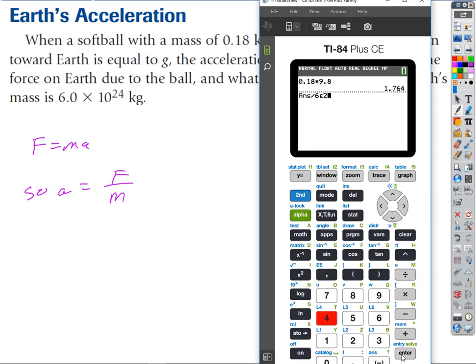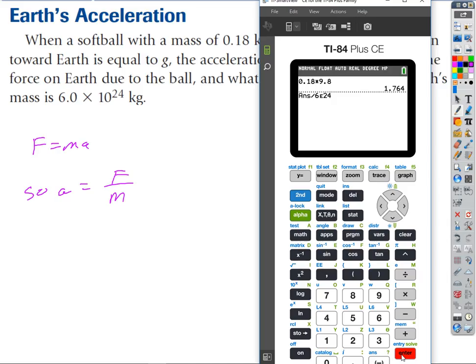That's gonna be a pretty small acceleration. So yeah, about 2.9 times 10 to the negative 25 meters per second squared. That's not very much. How long would it take for the Earth to move 1 micrometer, 1/1,000,000th of a meter, with that much acceleration? What do you think?